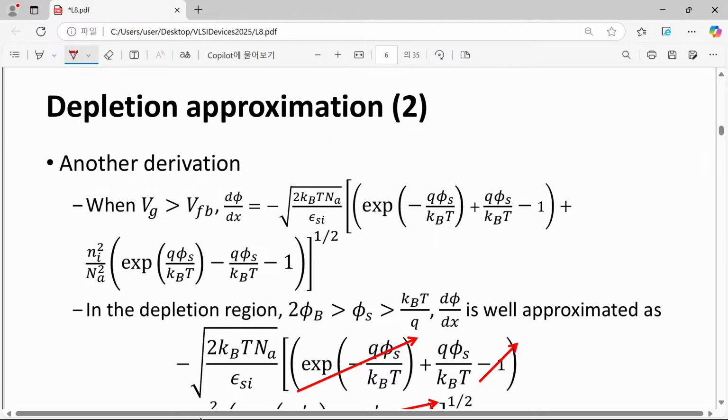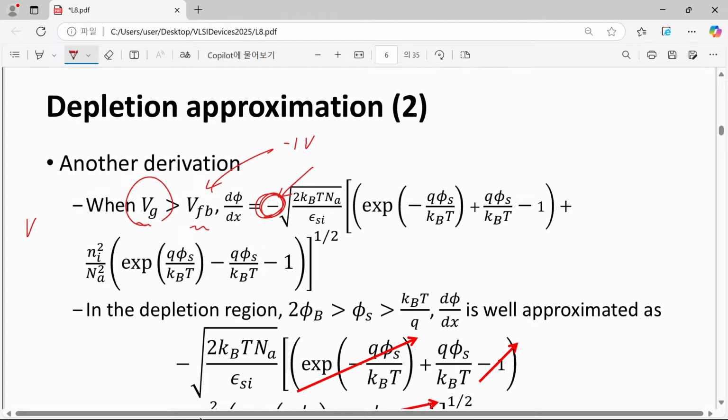So when we have gate voltage higher than flat band voltage, yes, this is the condition we conventionally consider. Please note that flat band voltage is about minus 1 volt, and our gate voltage is almost always higher than minus 1 volt. So we can fix this sign.